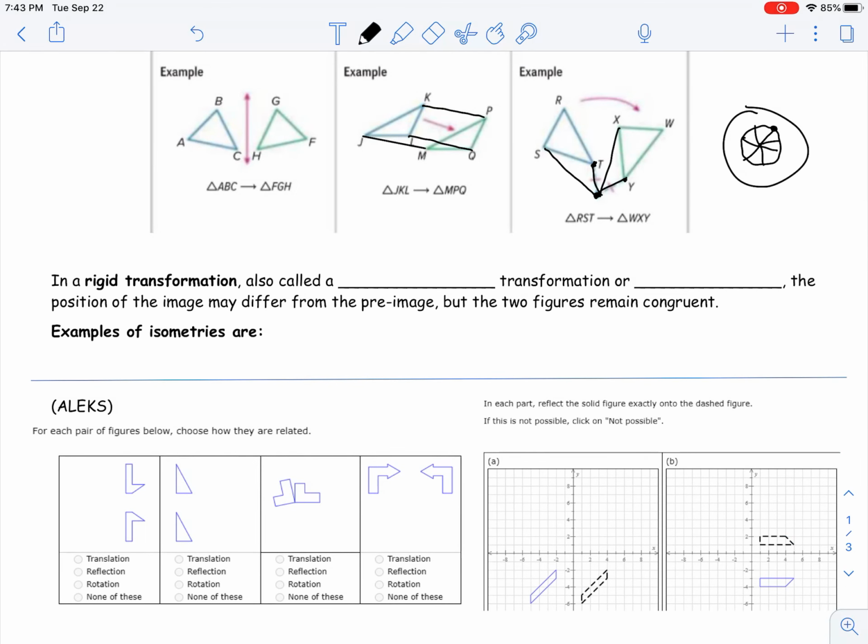Rigid transformation. So right here we basically have three different definitions that are all the exact same. A rigid transformation, another way we call that is a congruence transformation, or an isometry.